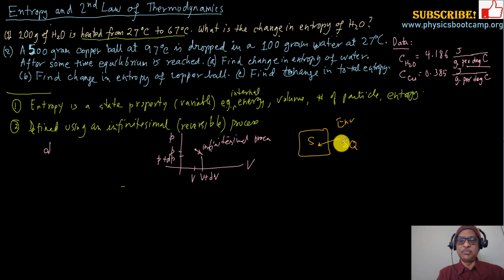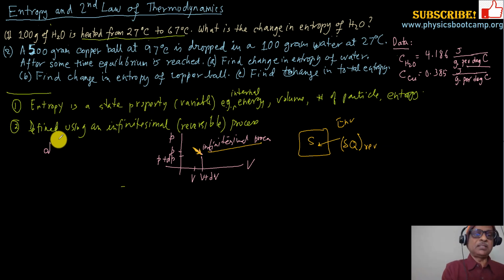I'm using a delta here, just to say a small amount of heat. This happened because this is a process that we can display on a diagram. We call this kind of thing reversible. We just label it like that. Doesn't mean much other than what we just said.